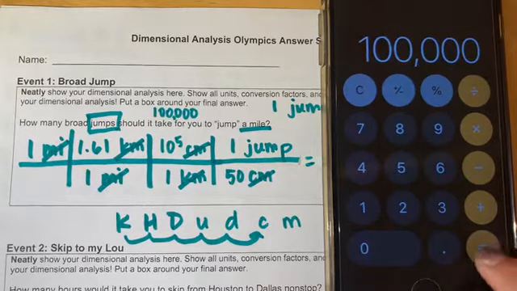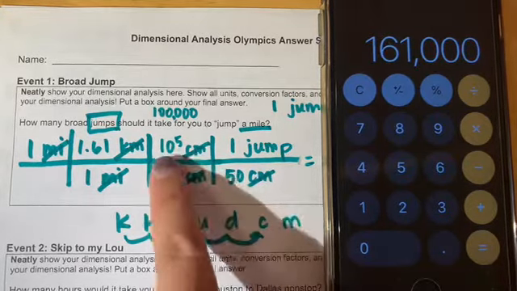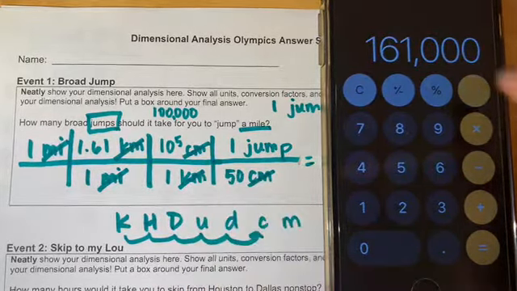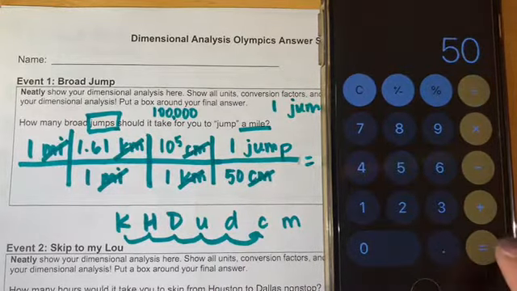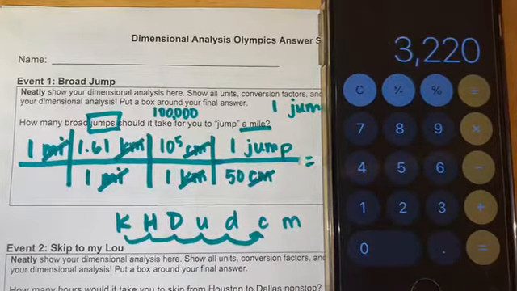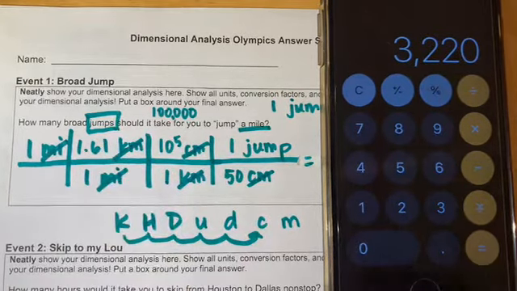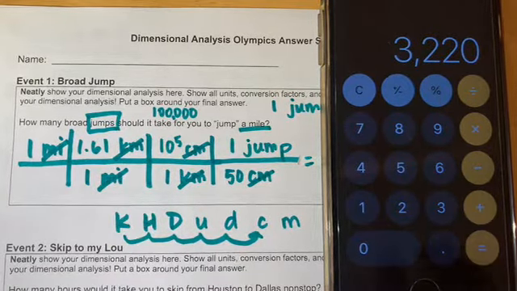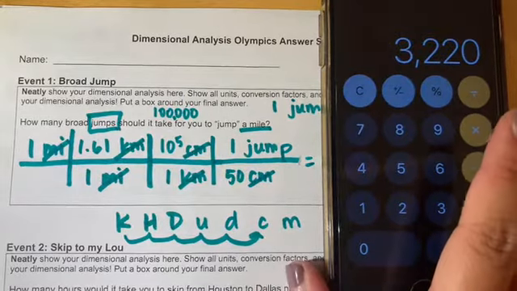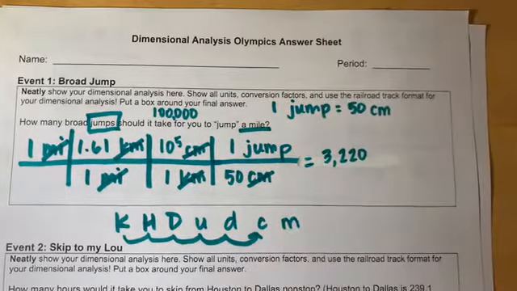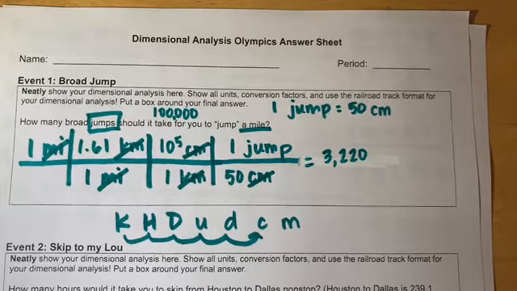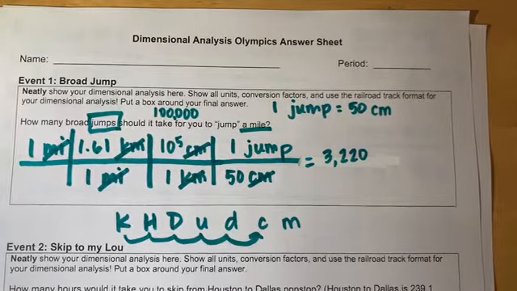Then push equals, and then we are going to divide by 50. So in 1 mile, it's going to take me 3,222 jumps.